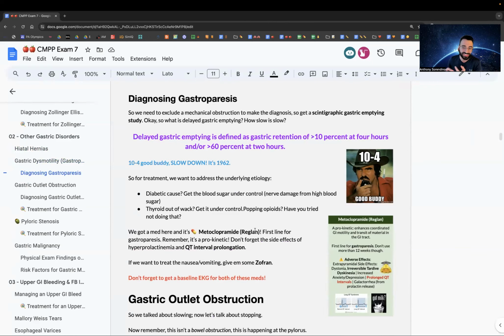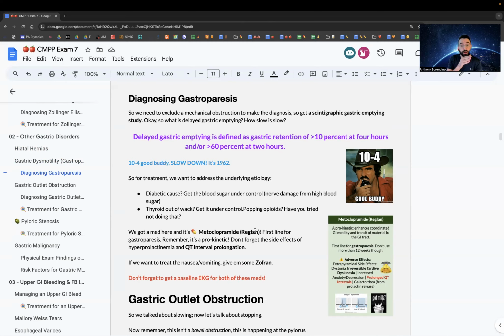So you get something called a scintigraphic gastric emptying study. We want to know, is your gastric emptying delayed? How slow is too slow? This is important. Delayed gastric emptying is defined as gastric retention of greater than 10% at 4 hours. So if I eat a cheeseburger and more than 10% of that cheeseburger is still in my stomach 4 hours later, I have gastroparesis.